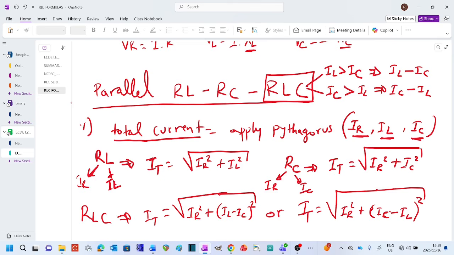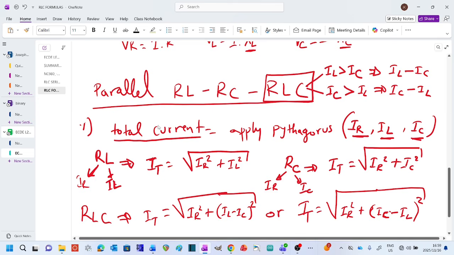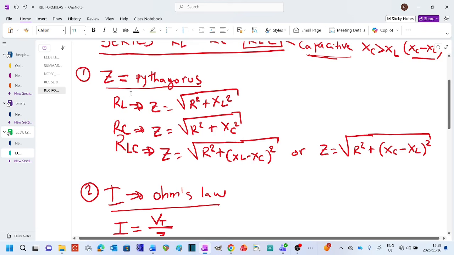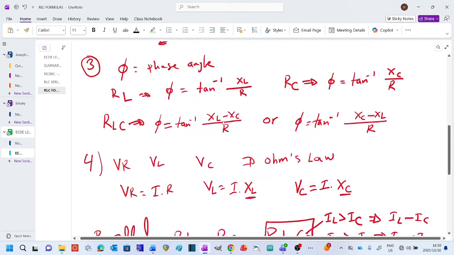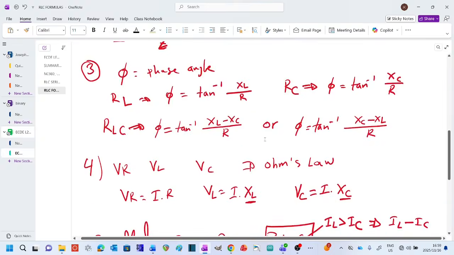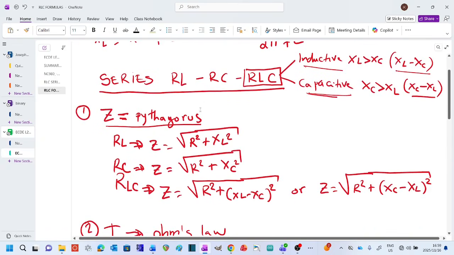That's how you calculate. So you're going to notice that your parallel total current calculation is similar to your series. In parallel, you apply the Pythagoras formula when you are calculating your total current. In series, the Pythagoras formula is applied when you are calculating your impedance.